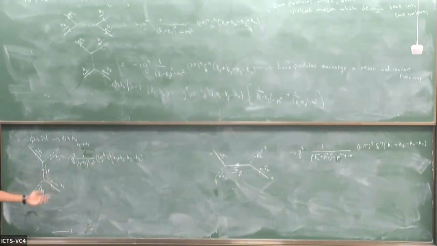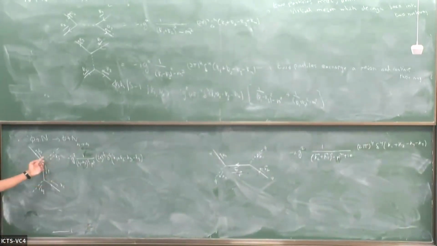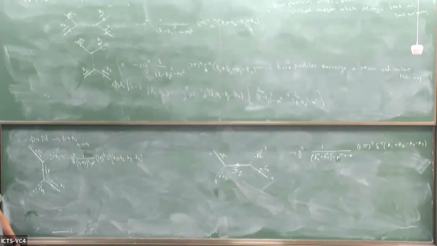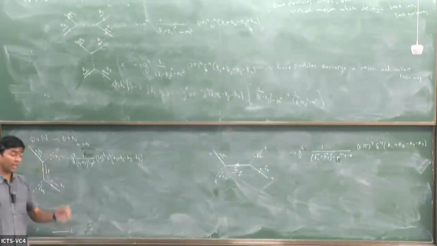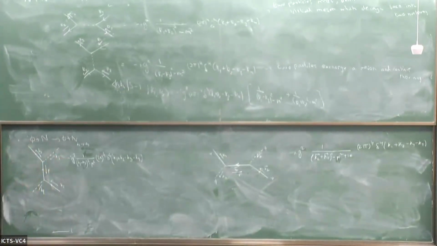We were marking this as p, but this was fixed to be k1, here to be k1 minus k3, there to be k1 plus k2. There was not really any option about it. But in some cases the momenta will not be fixed, and there will be loops, and then we'll need to worry about how to enhance this formalism. Okay, so that's what we wanted to discuss today.